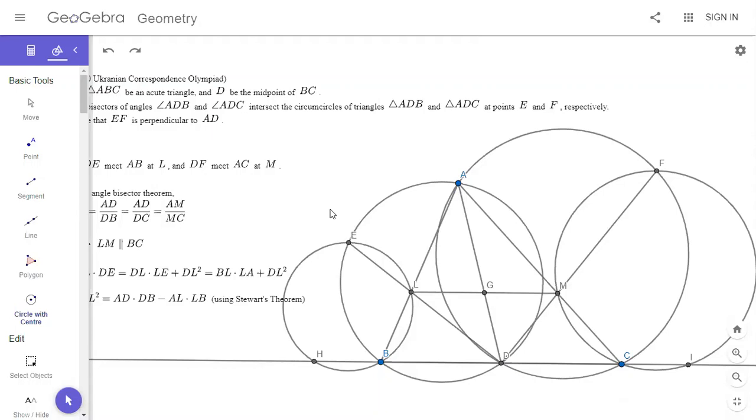Okay, just thinking how to show that. This means that DBE is similar to ALD.